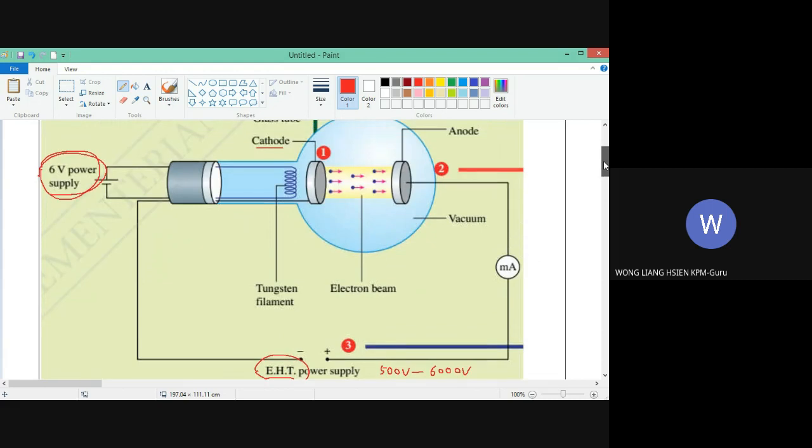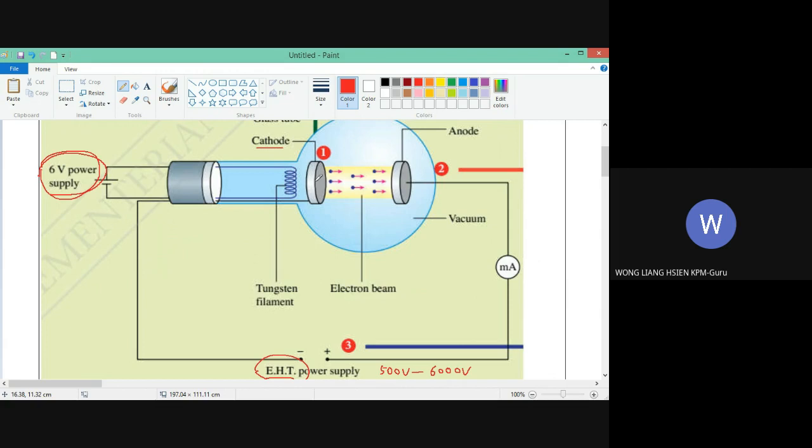Let's say we turn on the 6-volt only. When the 6-volt is turned on, this tungsten filament becomes hot and it will heat the cathode. So the free electrons on the cathode will have enough energy to escape the surface.